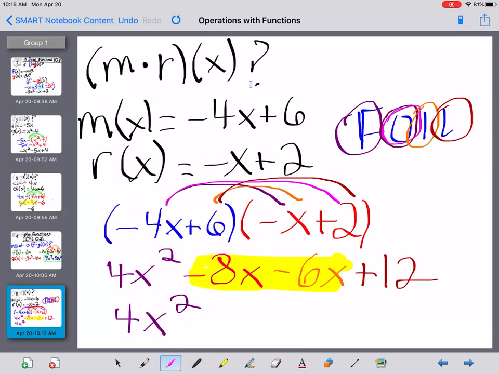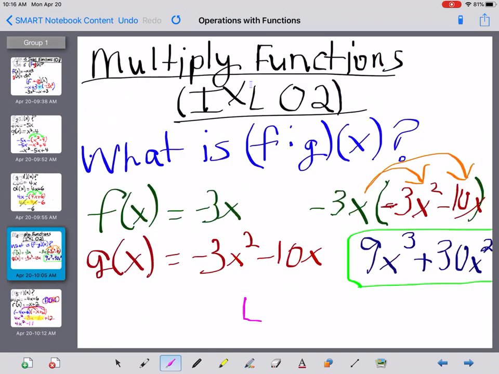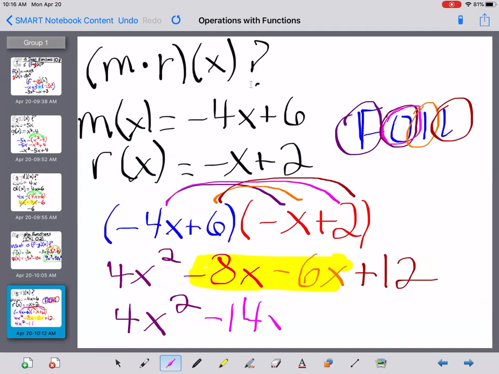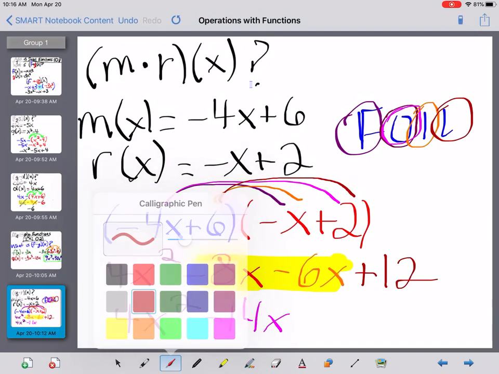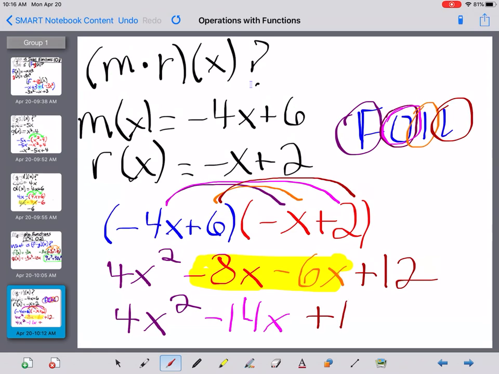And then we have negative 8x and negative 6x. Negative 8 minus 6 gives me negative 14x. And then we have our positive 12. We're just going to bring it down. Can't really combine it with anything. And that, my friends, really is all we can really do there.